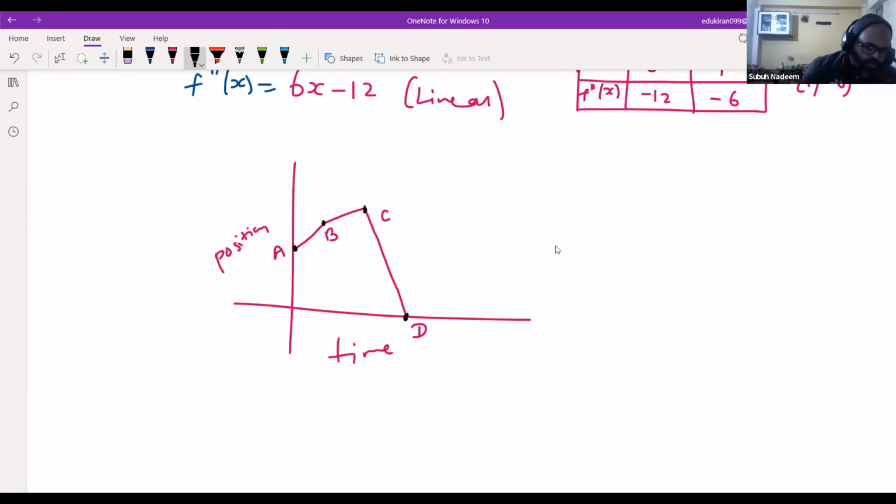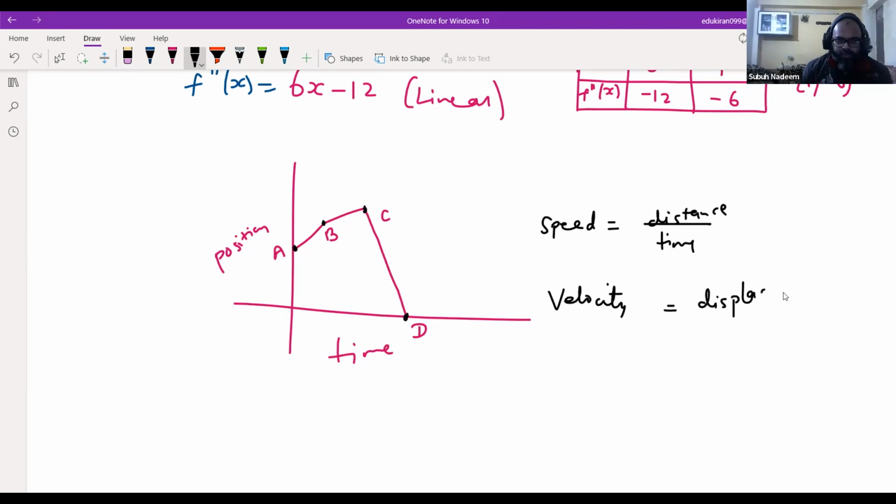So what is the speed? Speed is distance by time. Or if you talk about velocity, it is displacement by time. Let us talk about velocity, because position will also have a direction. If it is moving from A to B, the slope of this portion is actually velocity.